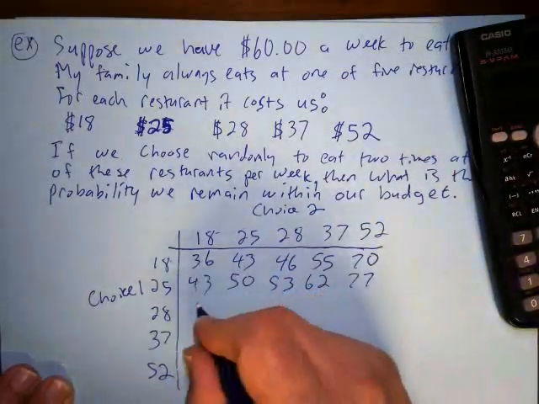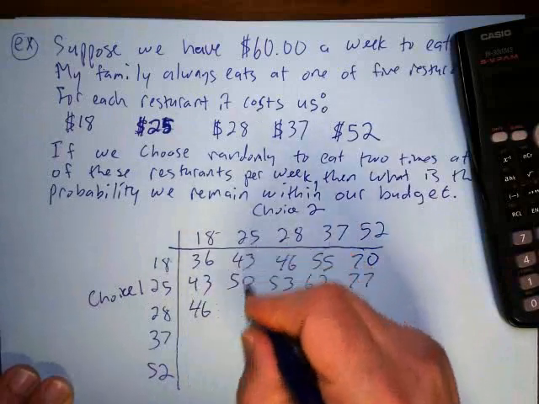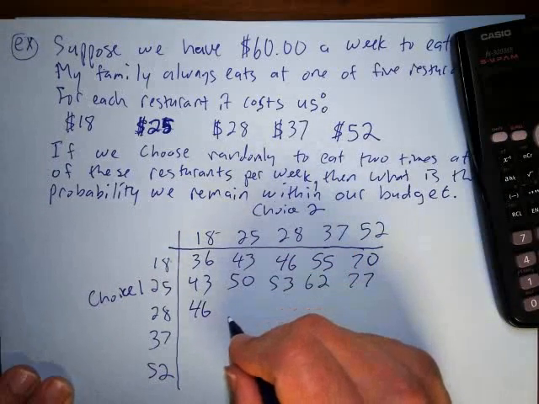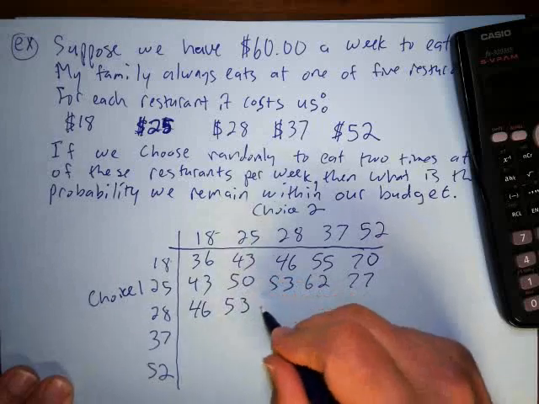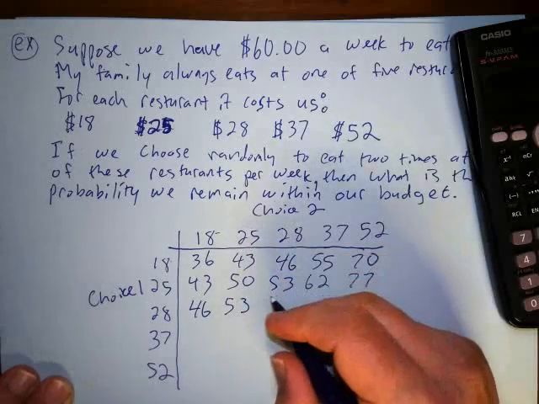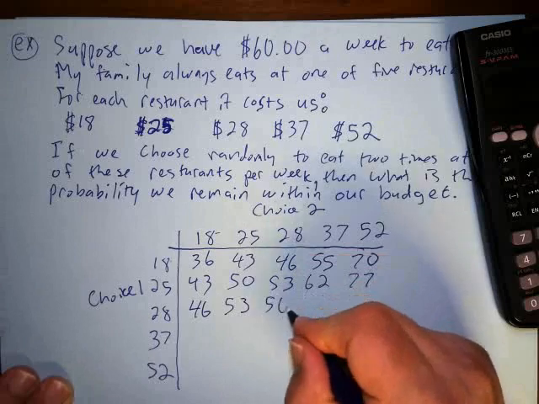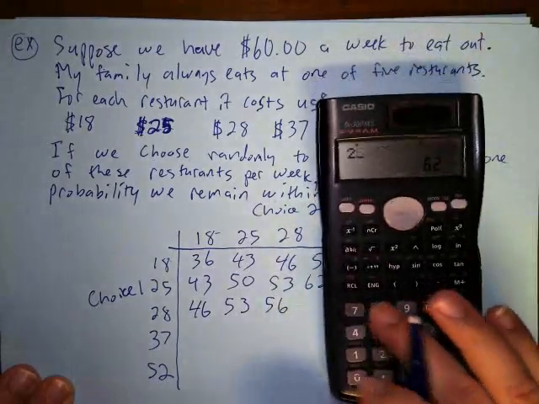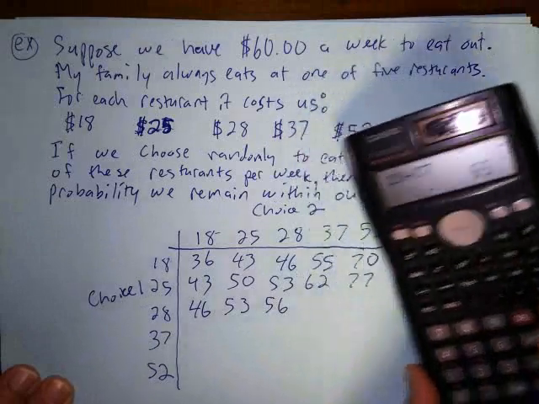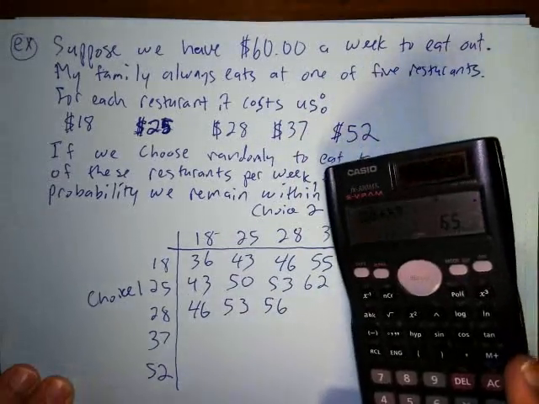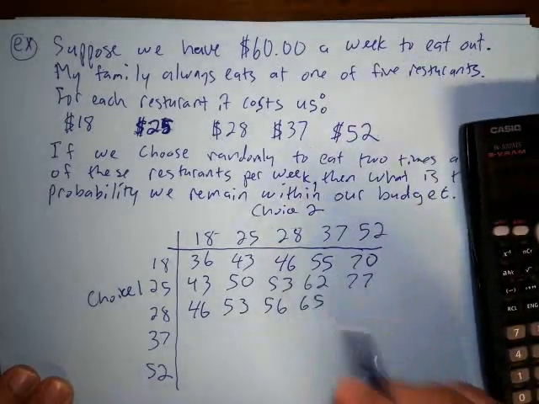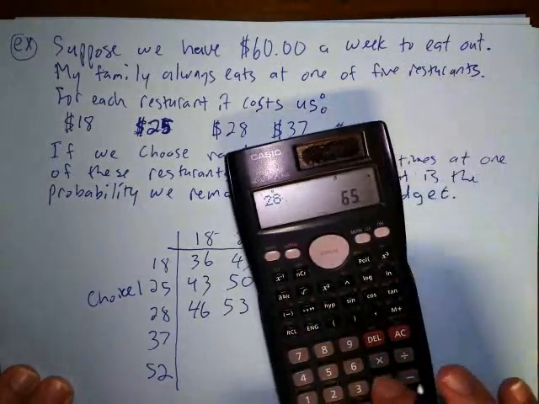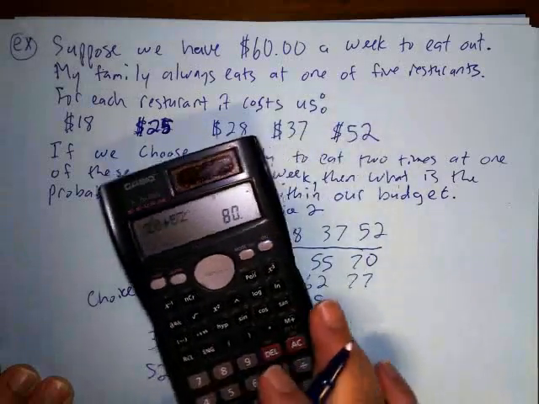So 28 and 18, that would be 46. 28 and 25 would be 53. 28 and 28 would be 56. 28 and 37 would be 65, and then 28 plus 52 would be 80.